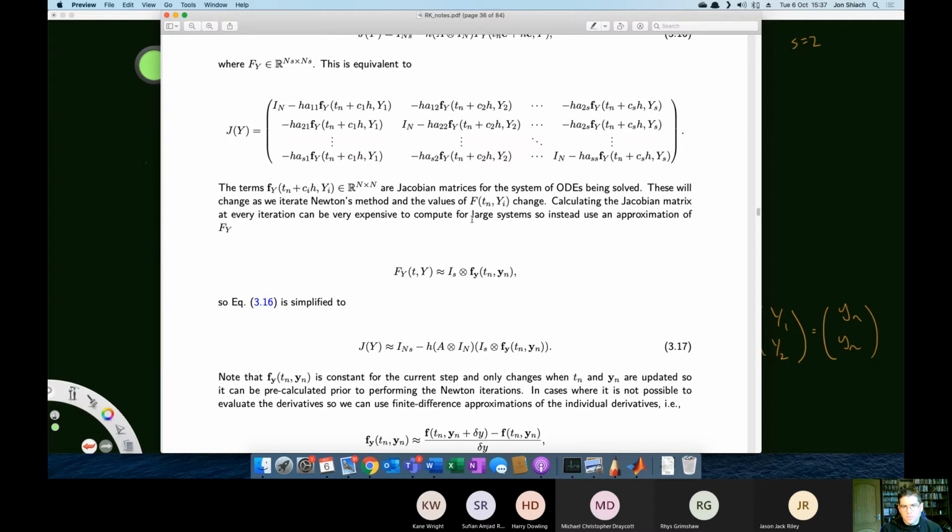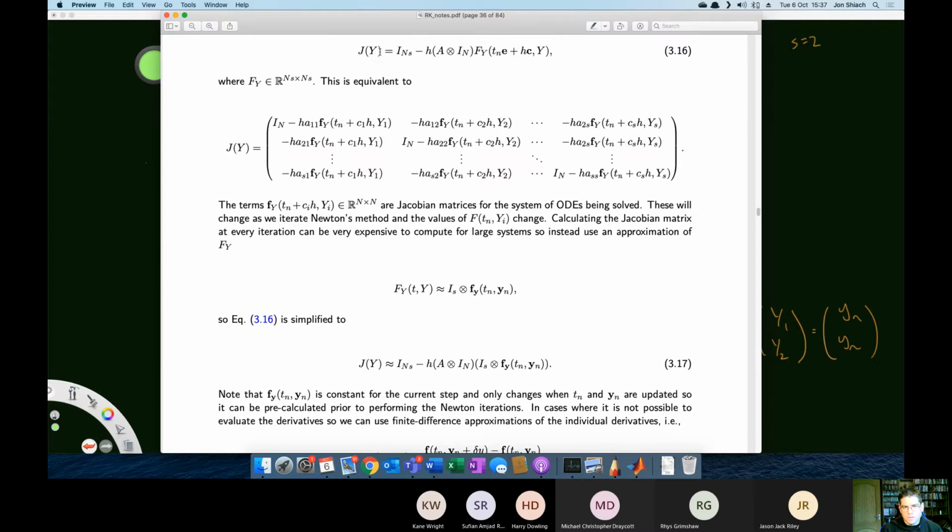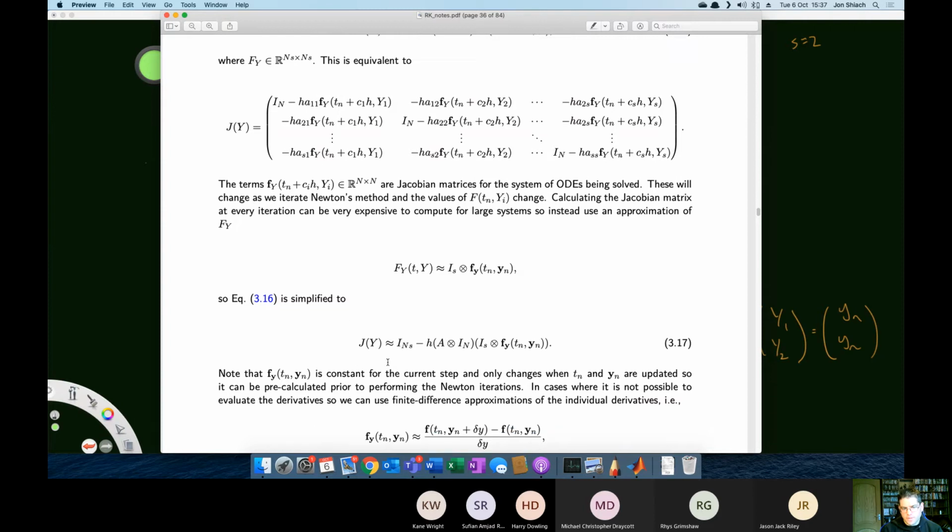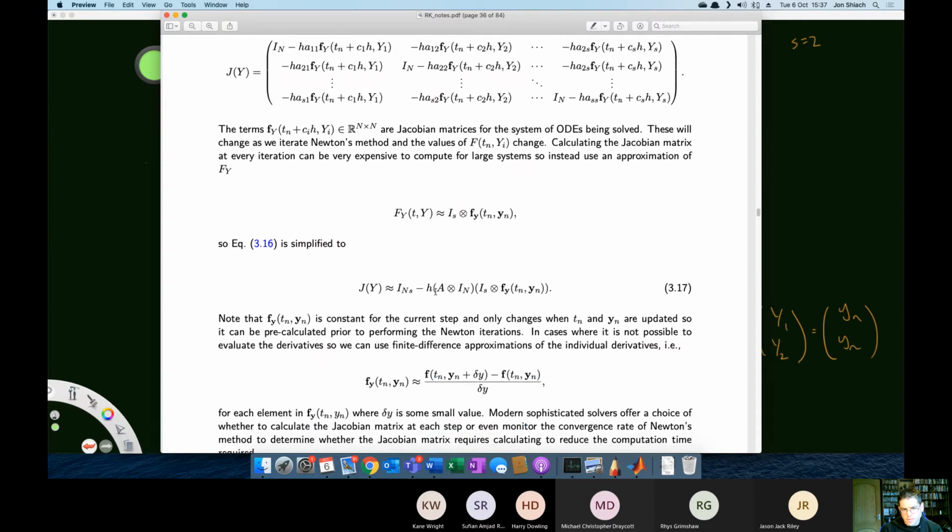So 3.16, which is our Jacobian, is simplified to this. That's relatively straightforward. That's an identity matrix. We know what our step length is. That's our A matrix. That's another identity, and this is our matrix from our original system.